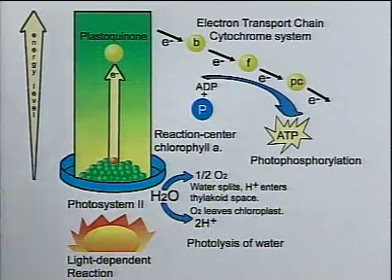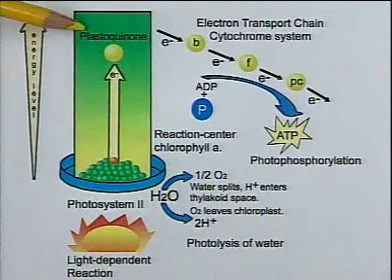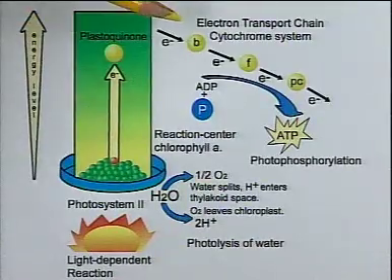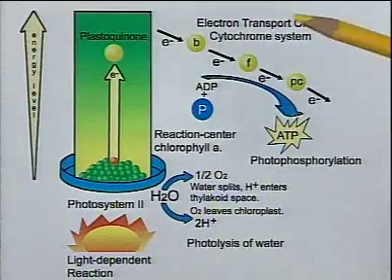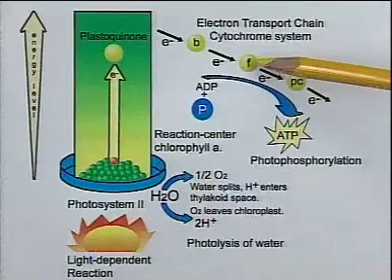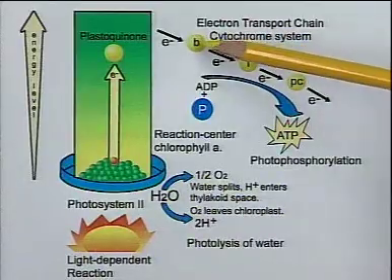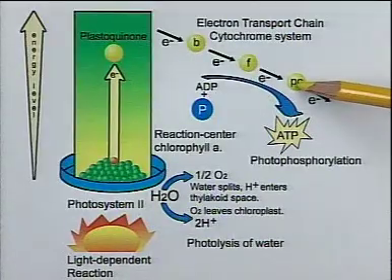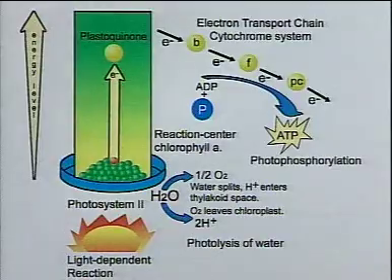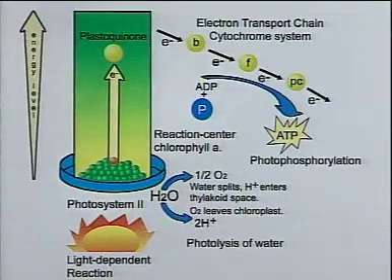In photochemical system 2, from the electron acceptor plastoquinone, the electrons are passed through an electron transport system. This chain consists of a series of electron acceptors, which are cytochrome B, cytochrome F, and plastocyanin. Each electron acceptor is at a lower energy level than its predecessor.